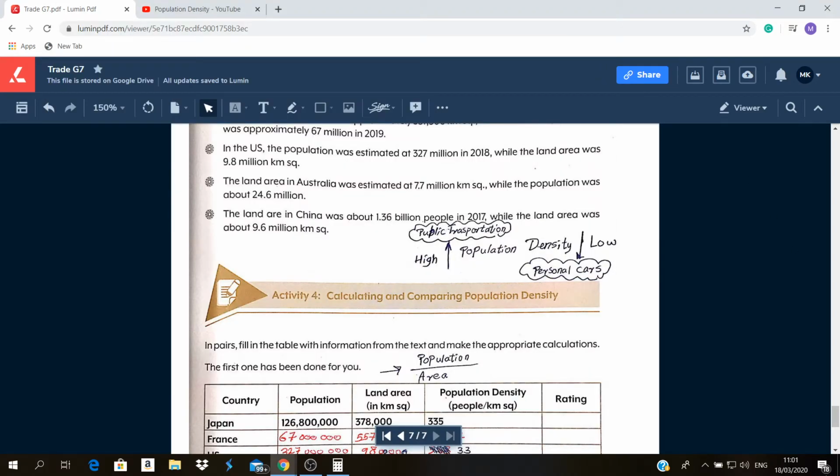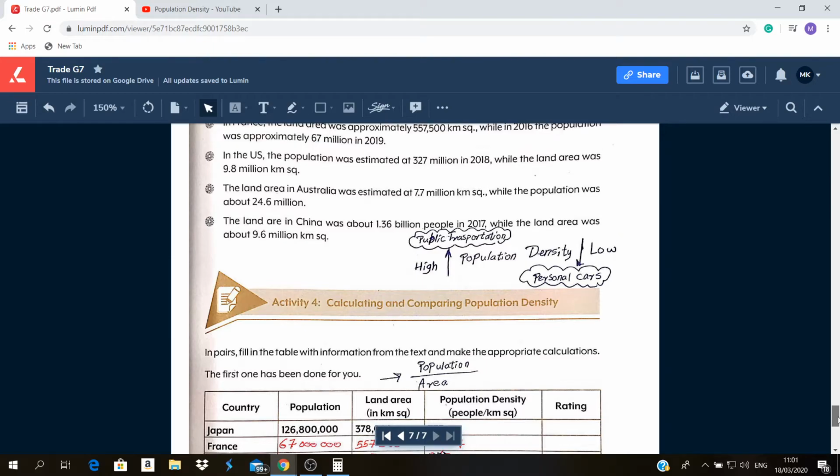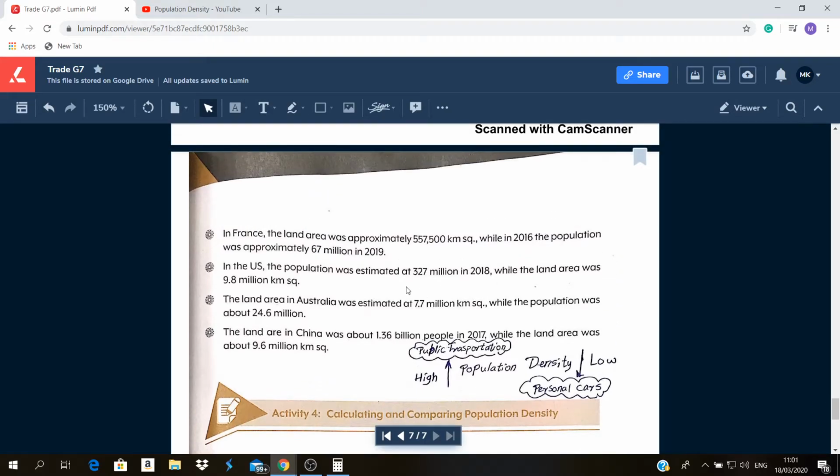Let's see the other one. The other example is France. Land area was approximately 557,500, while in 2016 population was approximately 67 million.